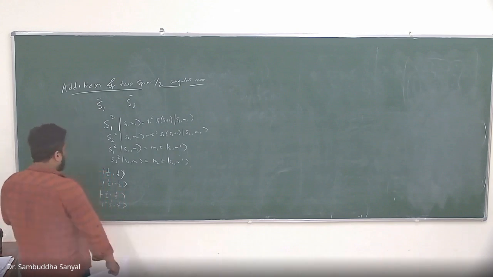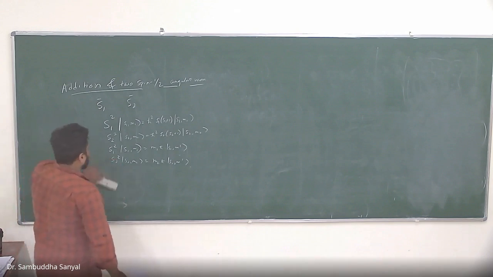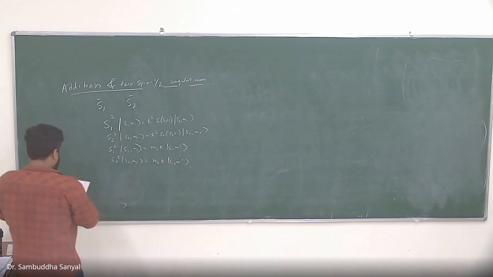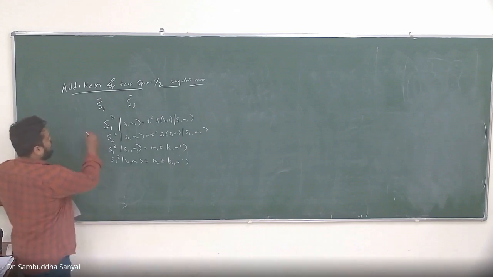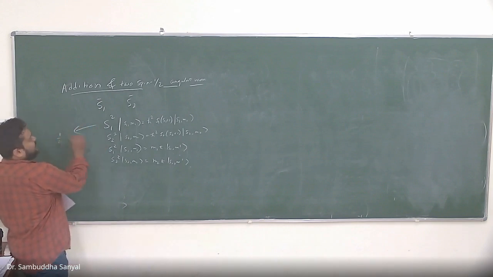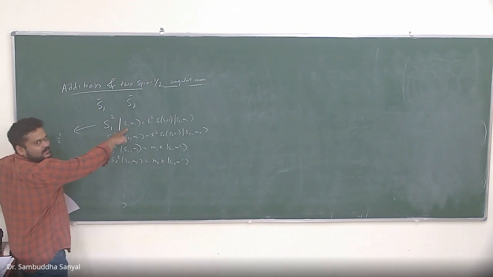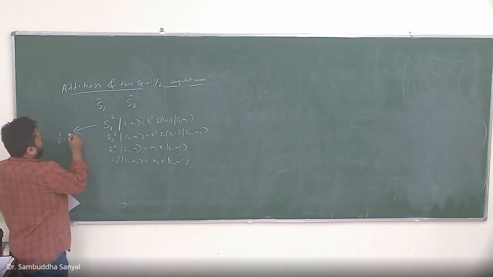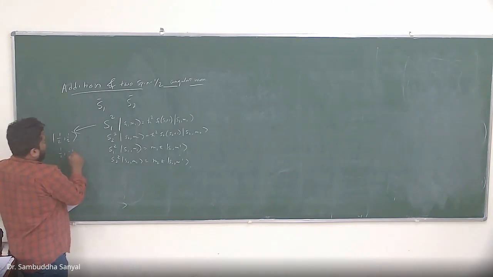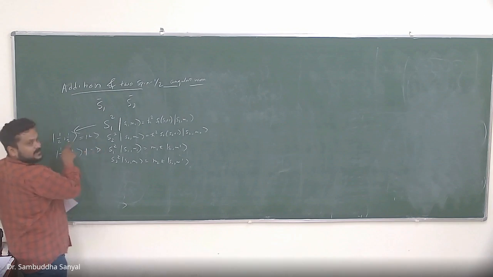I am not writing the joint eigenstate here. I'm just writing the SM form. So in SM form there are only two possibilities. Half, because S is only half, right? It's not minus half. So half half or half minus half. So this I represent as plus and this I represent as minus, because this is the only difference.